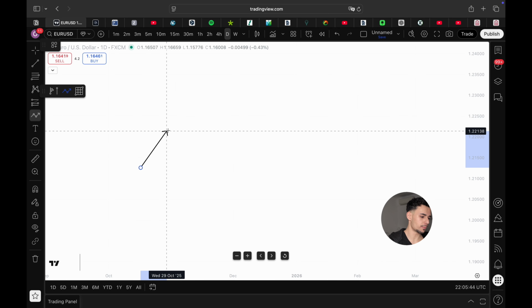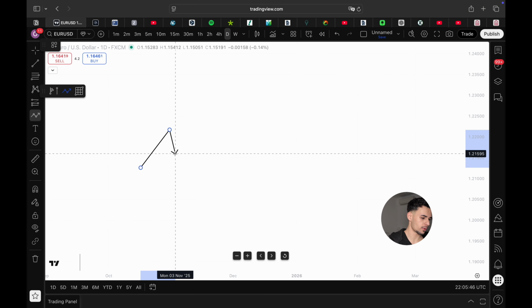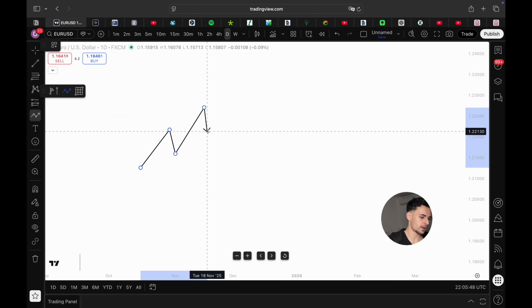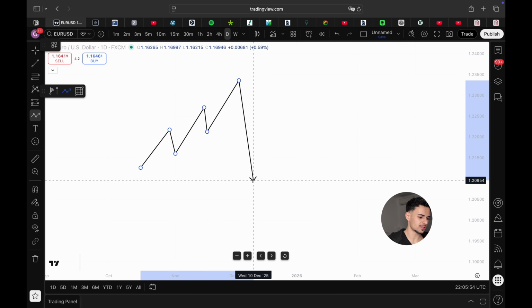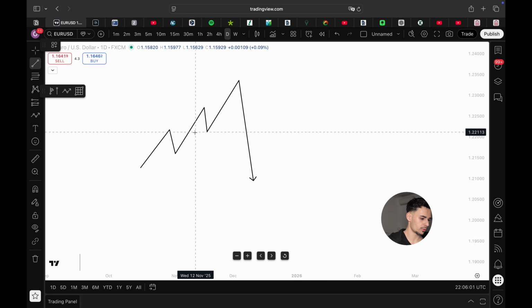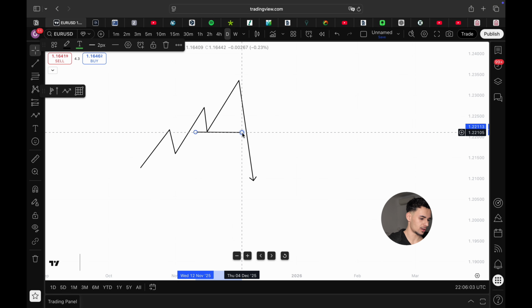Let's say we're in a bullish trend, so we have our high, we have our low, our higher high, our higher low, our higher high, and then suddenly the market decides to jump and break through the last low here. So basically, what we have here is our low.